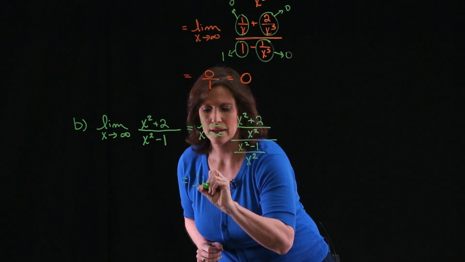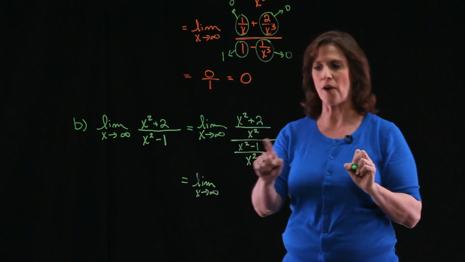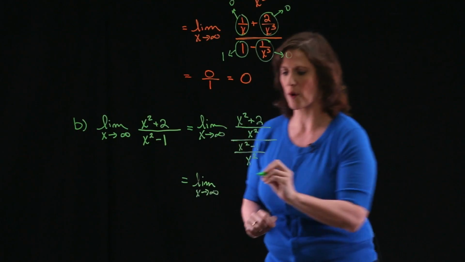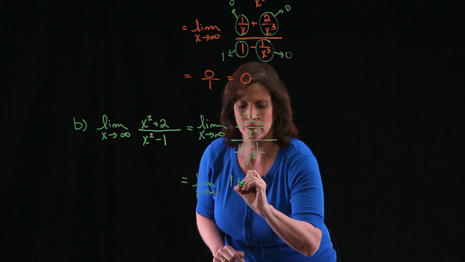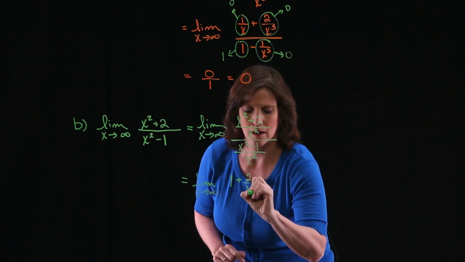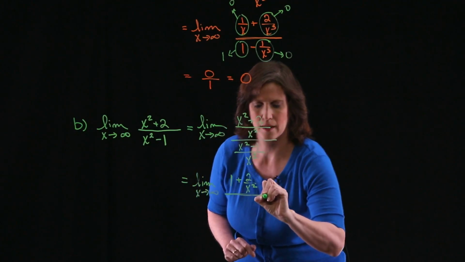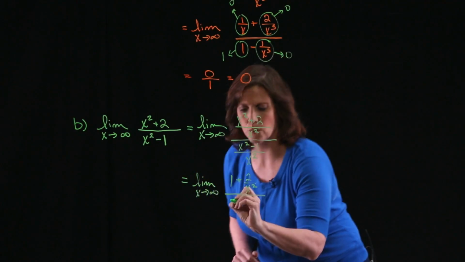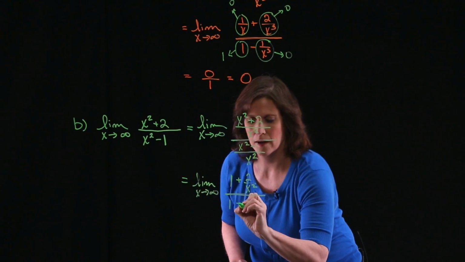So this is the limit as x approaches infinity. I'm going to split this fraction. I'll have x squared over x squared, that's 1, plus 2 over x squared, divided by x squared over x squared, which is 1, minus 1 over x squared.